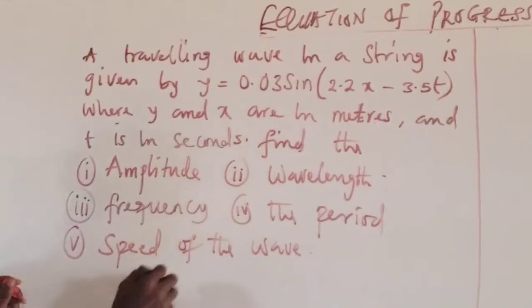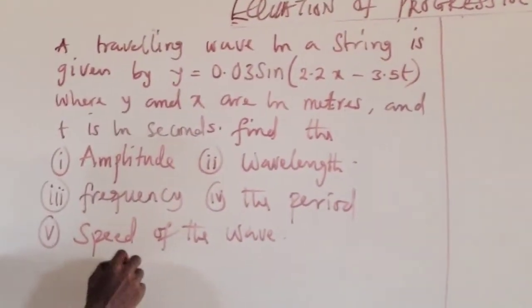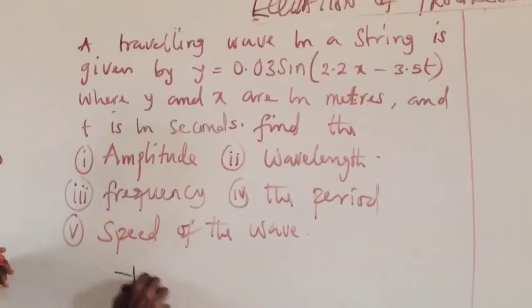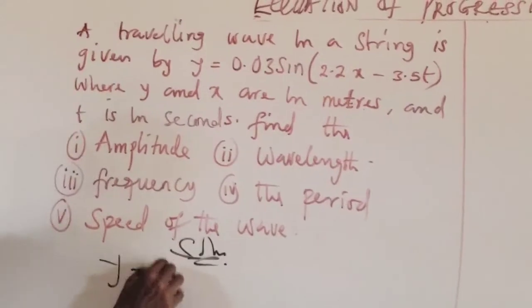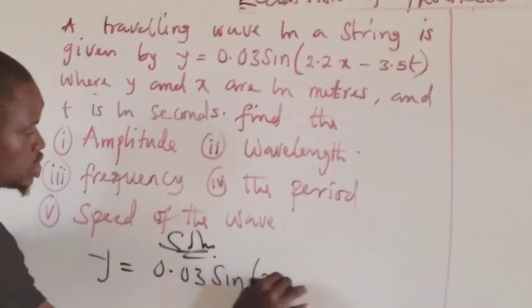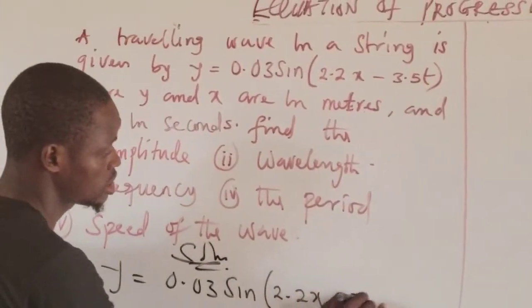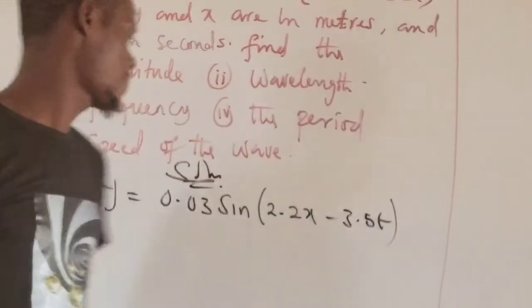How do we go about this? Let's take its solution. I have the wave y equals 0.03 sine (2.2x minus 3.5t). That is the wave here.